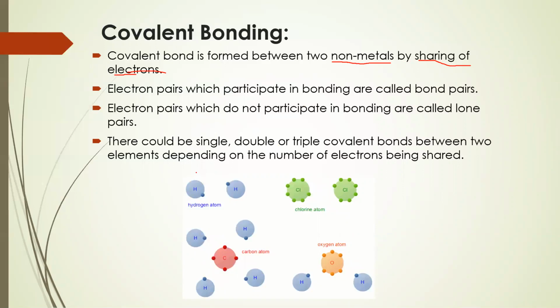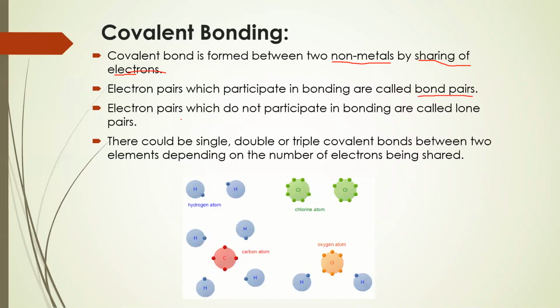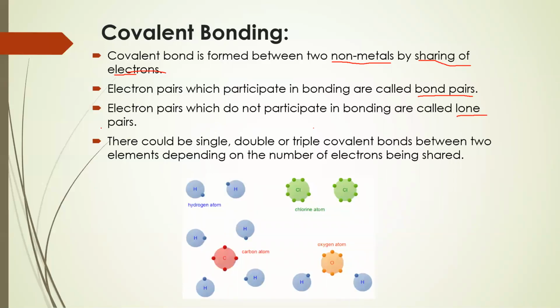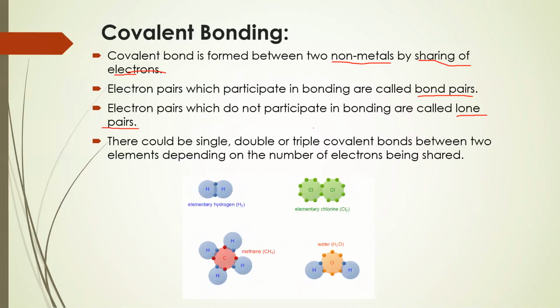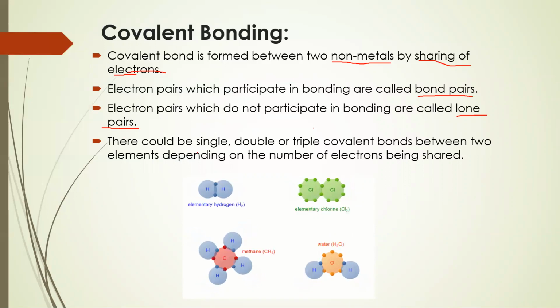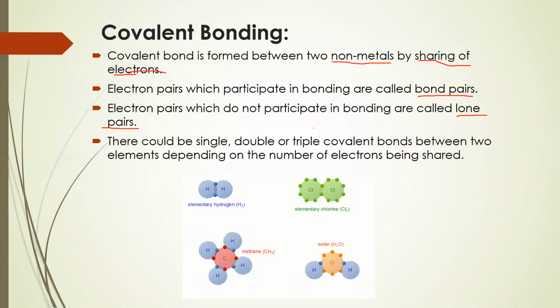Now, electron pairs which participate in bonding are called bond pairs. Electron pairs which are not participating in bonding are termed as lone pairs. By sharing of electrons, we can obtain a single, double or triple covalent bond between two elements, depending on the number of electrons being shared.